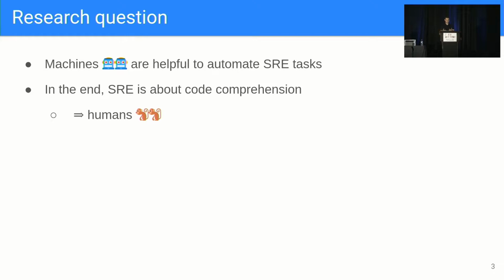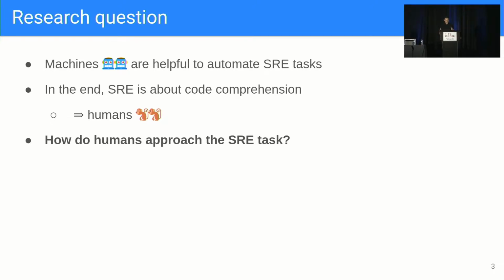Even though there is a nice line of research, for example, they were able to describe in natural language the semantics of some function. It is still in its infancy, and I hope that this work will contribute also to this line of research.